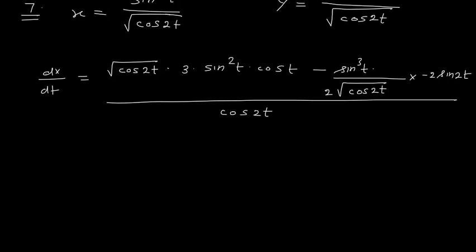Now this 2 and 2 I will cancel and I will cross multiply.